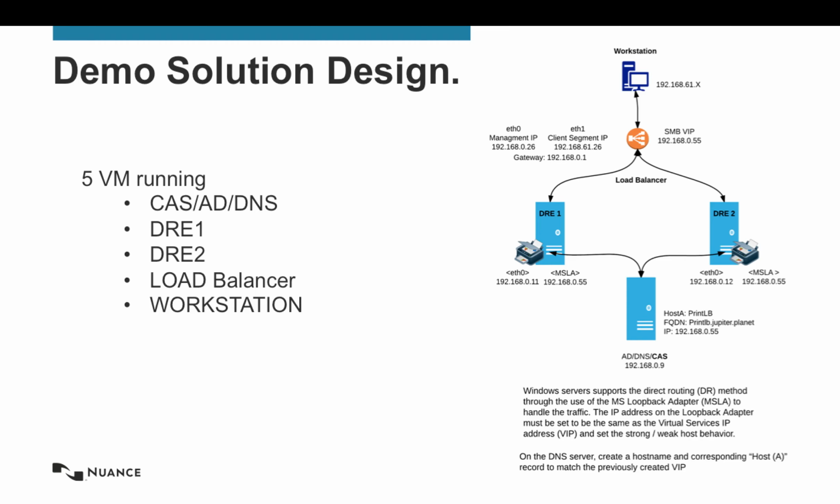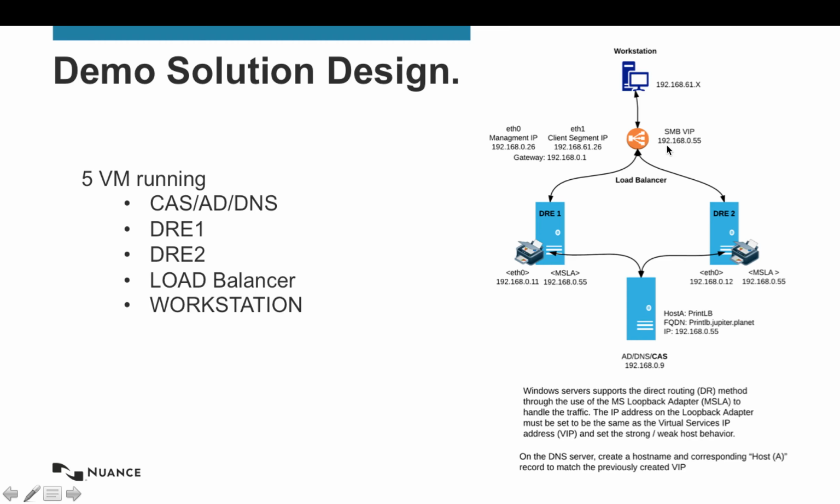When the DR method of configuration is required, then on the DRE server we need to configure Microsoft loopback adapters. You have to configure the adapters on the server with the Microsoft loopback adapter, which will be the IP address of the VIP.